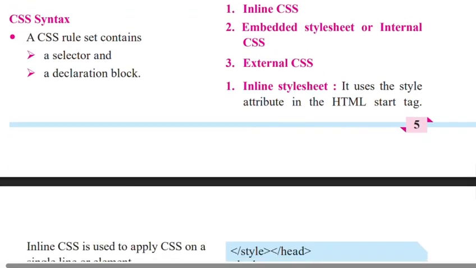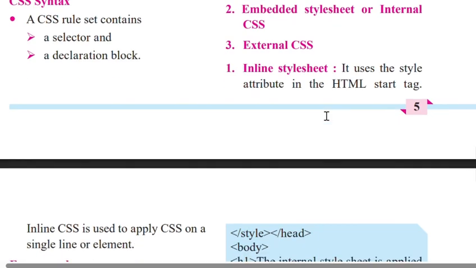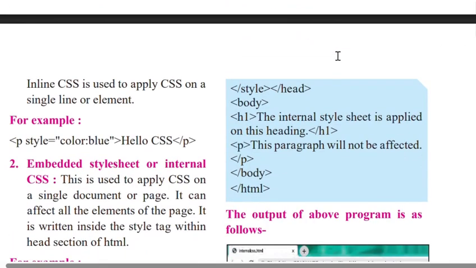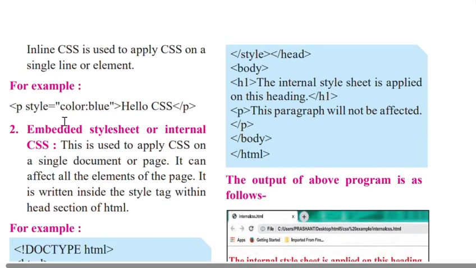Now we are going to see them one by one in detail. First is the inline style sheet. It uses the style attribute in the HTML start tag, and inline CSS is used to apply CSS on a single line or element.